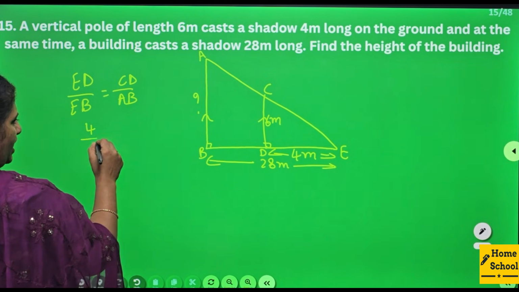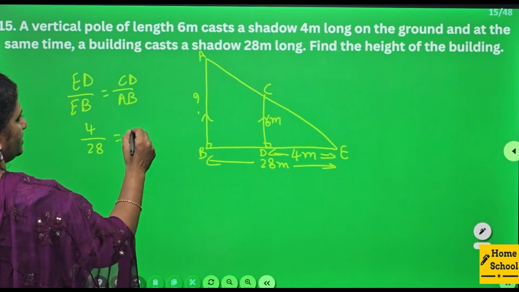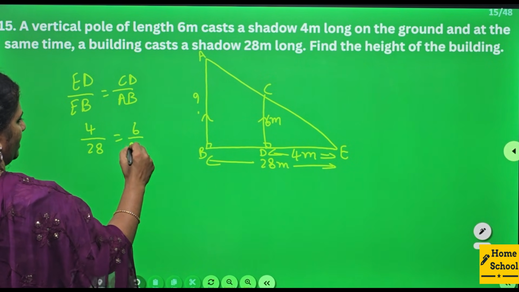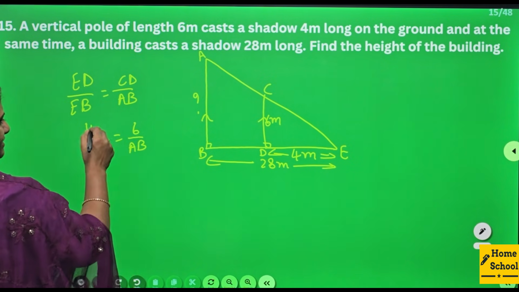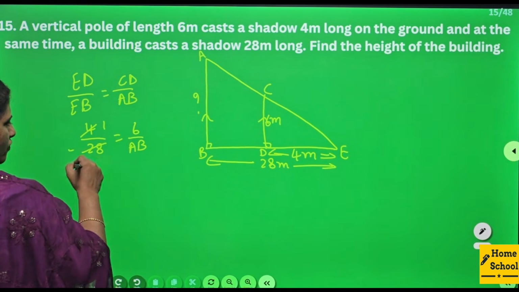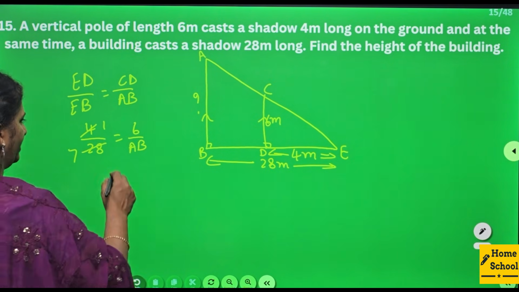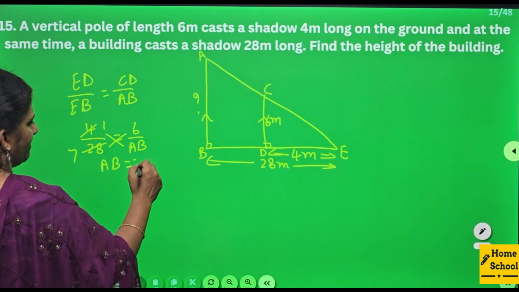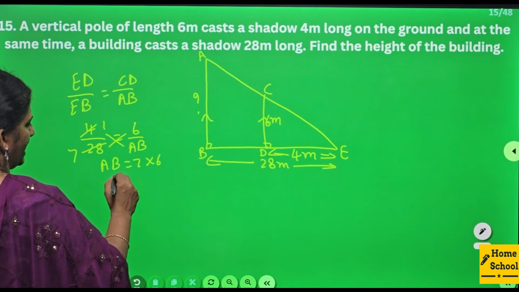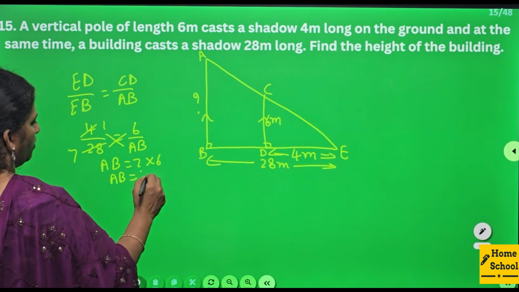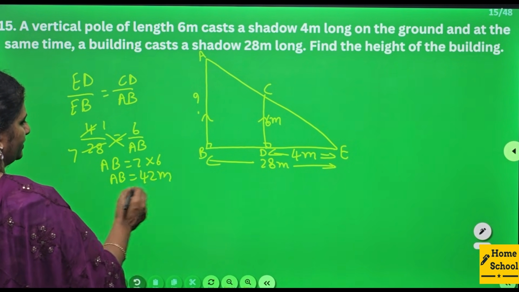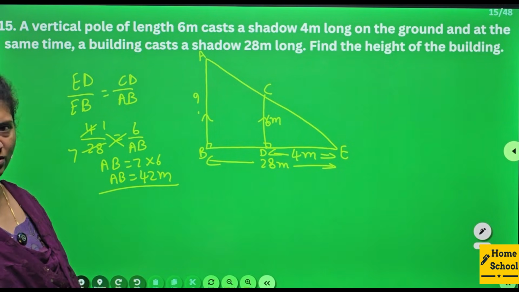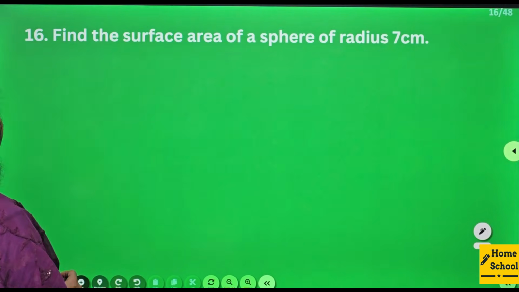ED 4, EB 28, CD is 6, AB we need to find. Cancel, 4 ones are 4, 7s are 28. Now cross multiply. AB is equal to 7 into 6. That is AB is equal to 42 meters. Height of the building is equal to 42 meters.